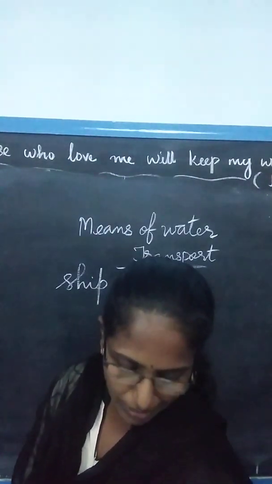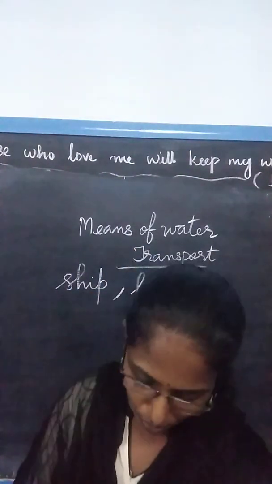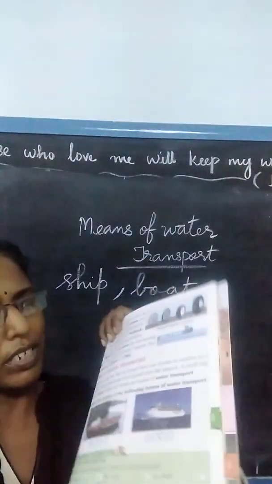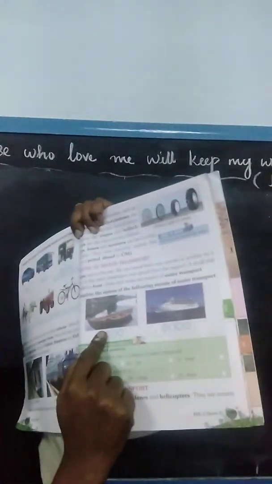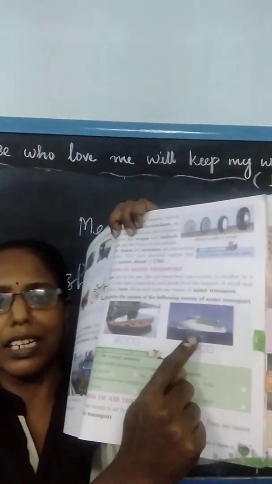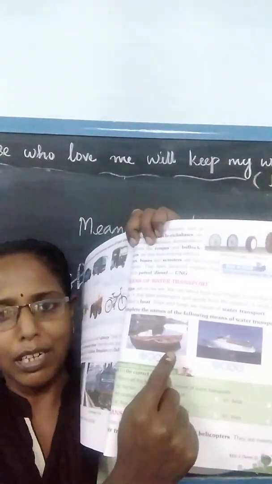A small ship is called a boat. Here you can see ship and boat. This is boat, this is ship.